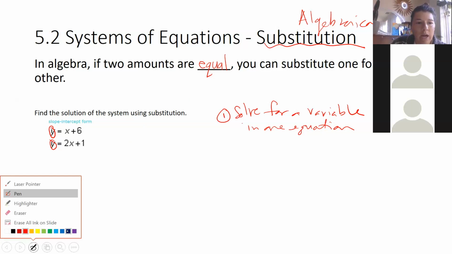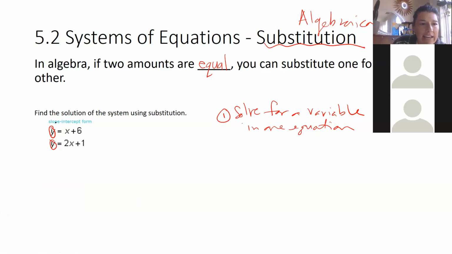I'm going to change my writing here. So since we have y is equal to x plus 6, what I'm going to do is take x plus 6 and substitute it in for y in my other equation. And here's what I now have. I have x plus 6 equals, and then just bring this down, 2x plus 1.